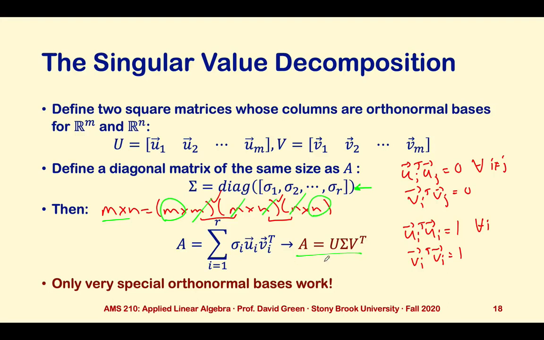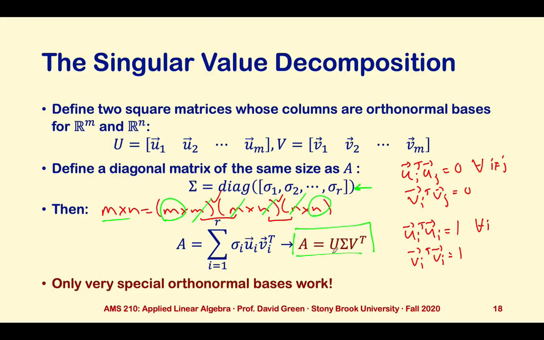All right. This gives us a matrix decomposition, U sigma V transpose, where sigma is diagonal, and U and V are orthogonal matrices with orthonormal columns.